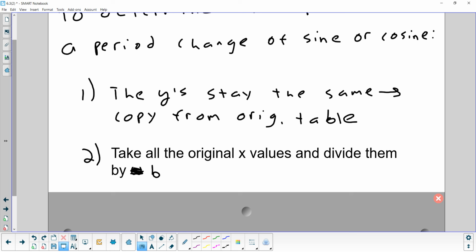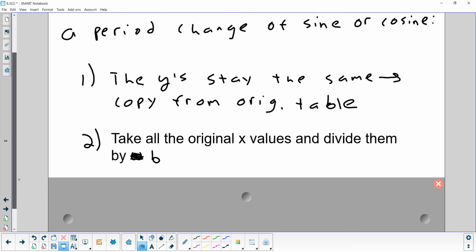So we take the original x values and we divide them all by b. Not always the easiest way to do it. Sometimes it is, depends on the problem. But this is a way that works for what we're going to be doing soon, which is multi-step. Okay, so take the original x values and divide by b.